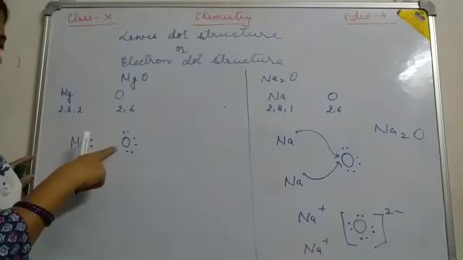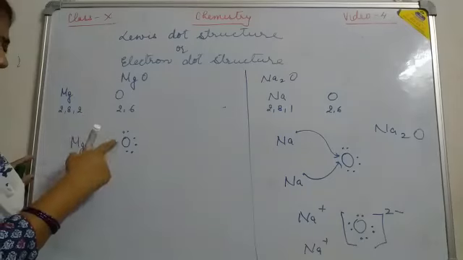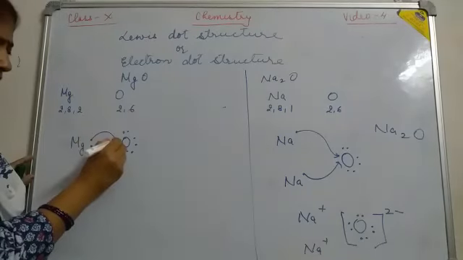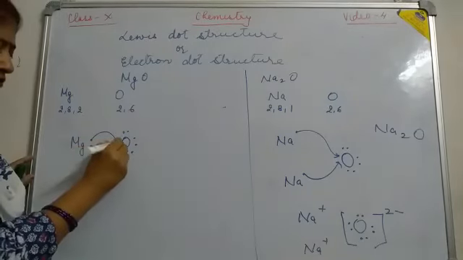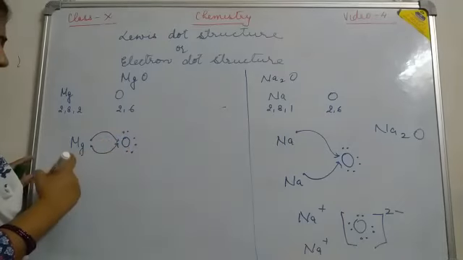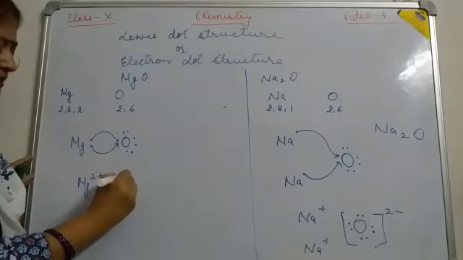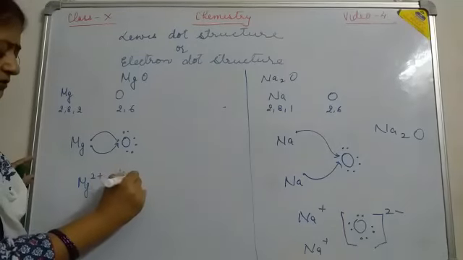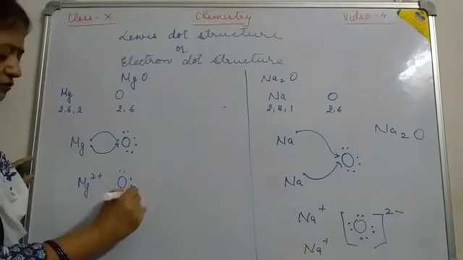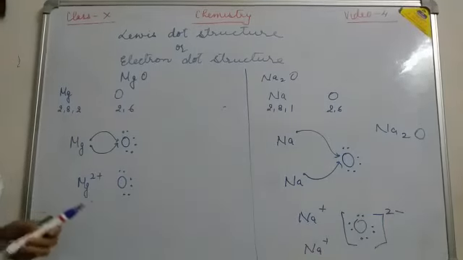Leave a vacant space in front of magnesium so that you can transfer these 2 electrons to this oxygen. Now magnesium becomes magnesium 2 plus and oxygen takes 2 electrons from here.